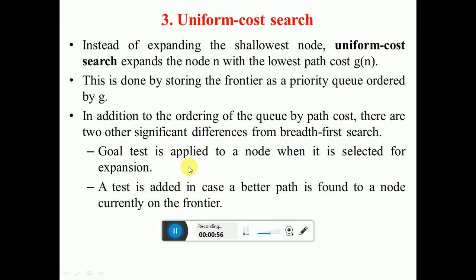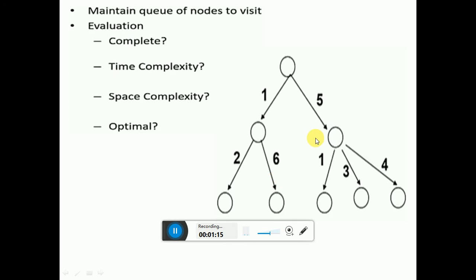The first difference is goal test is applied to a node when it is selected for expansion. And the second difference is a test is added in case a better path is found to a node currently on the frontier. This is uniform cost search, or we can say the cheapest node search.